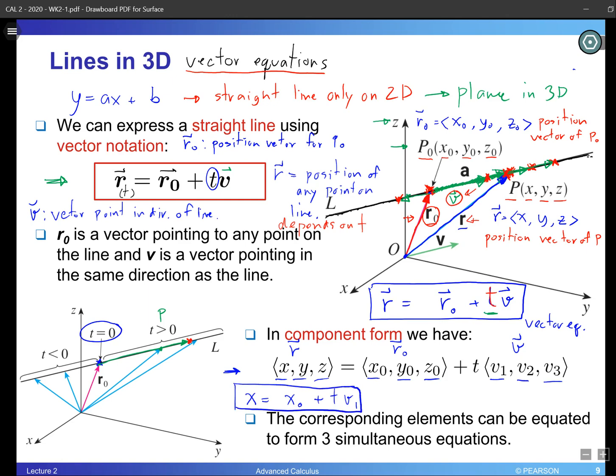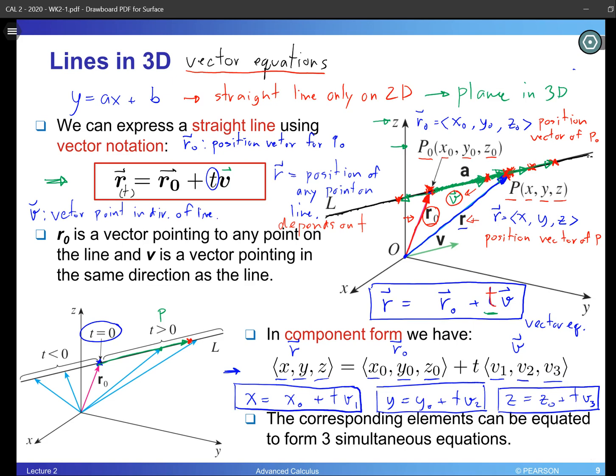Second component, y equal to y0 plus t v2. That's the y component. And the last component is z equal to z0 plus t v3. So there you go. You have the separate components of this equation.